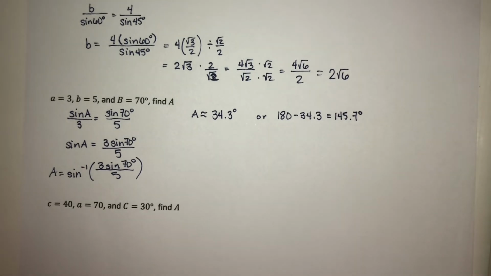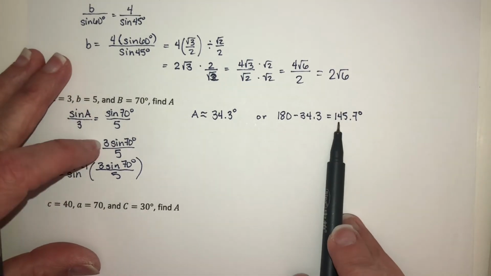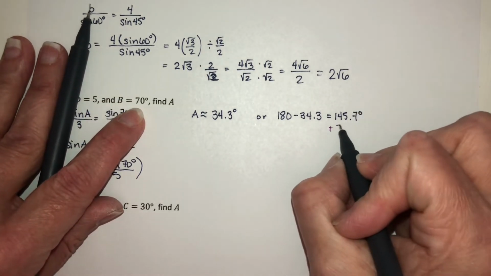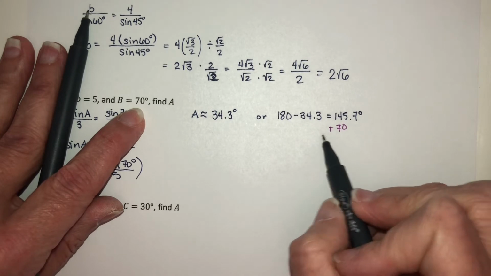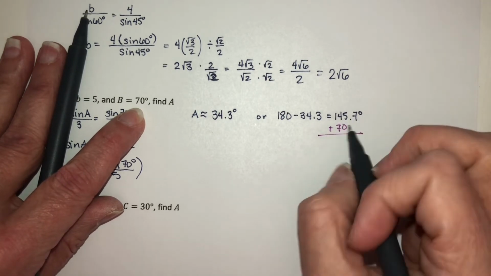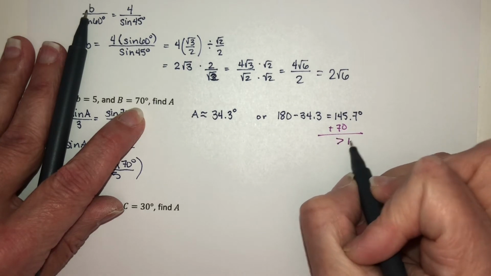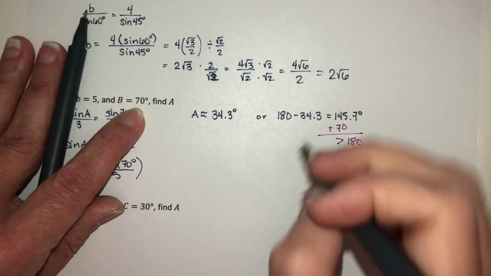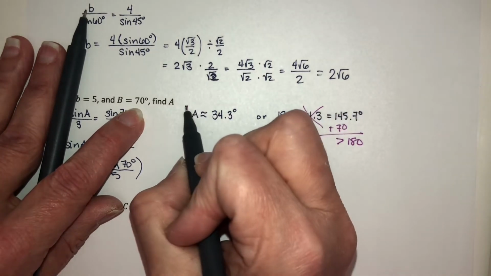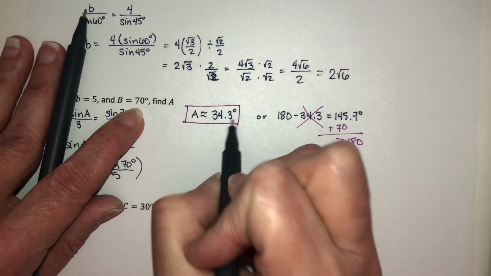So what you're going to do is I found out what this one would have to be. And then you add the other angle that you know. And if this is greater than 180, then this is not a possibility. And it is greater than 180. So that possibility is thrown out. This is the only solution.